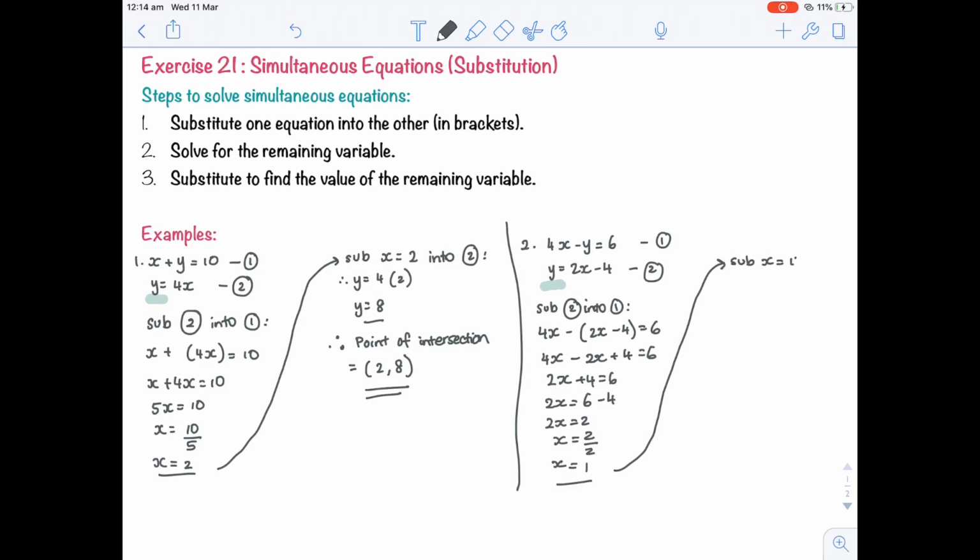We're just going to substitute it into equation number 2 because it's y equals something. So when we substitute x equals 1 into equation number 2, we have y equals 2 in a bracket, we replace it with a 1, minus 4. So y equals 2 minus 4, and just y equals minus 2. So your point of intersection in this case is (1, -2) in a coordinate, and both of those values in brackets.